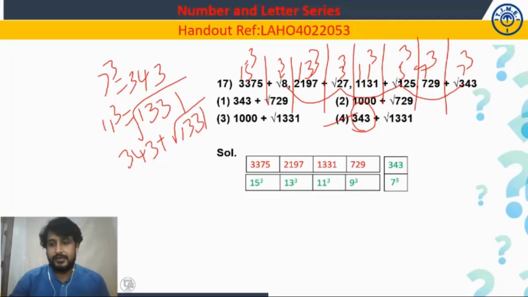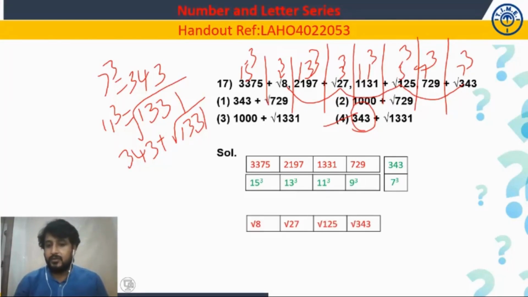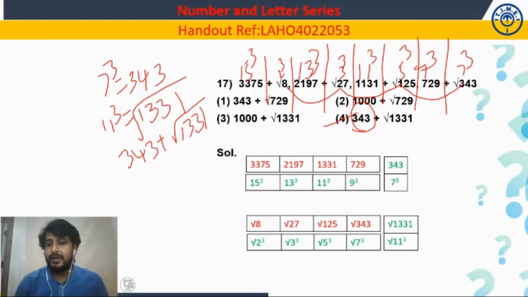Now next, the second set of numbers: 8, 27, 125, 343. So 2 cube, 3 cube, 5 cube, 7 cube. So 2, 3, 5, 7 are consecutive prime numbers. So next will be root of 11 cube, under root of 1331. So together 343 plus root of 1331. So which option? Choice 4. Okay.